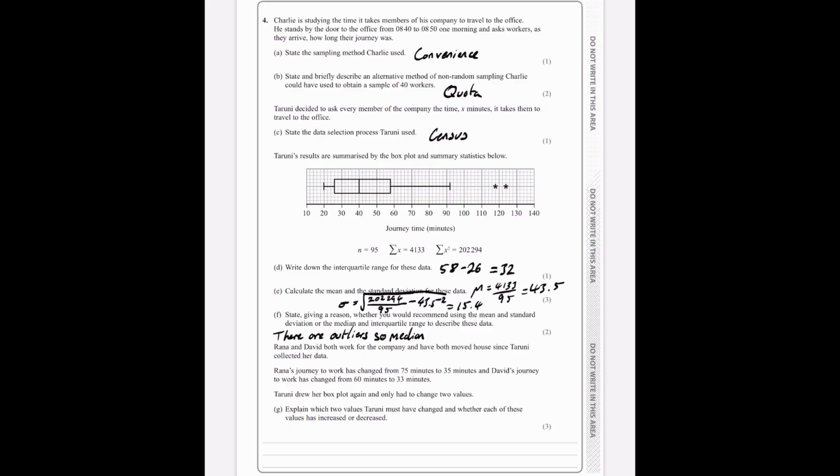So in this instance, I'd suggest using the median, which is not affected by the outliers, and the interquartile range, not the mean and standard deviation. Then for G, the median and the upper quartile will change if you think about where they go in the data set. And the median and the upper quartile will be lower than they were before.